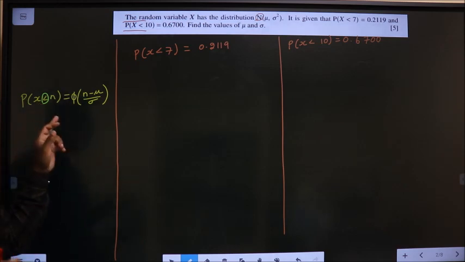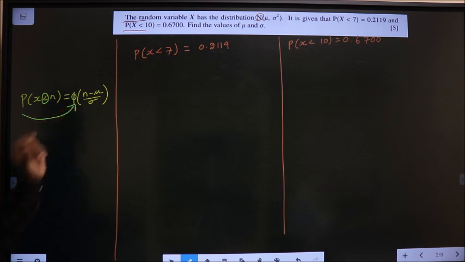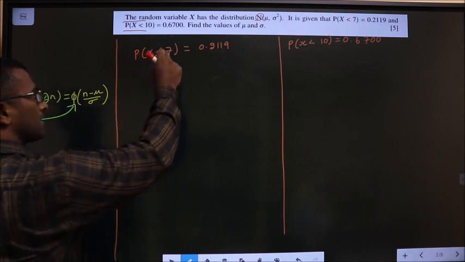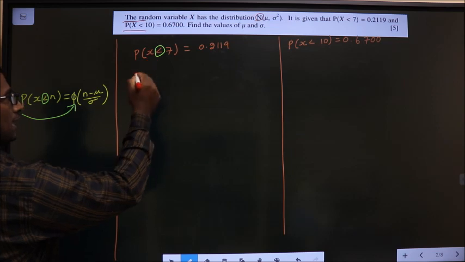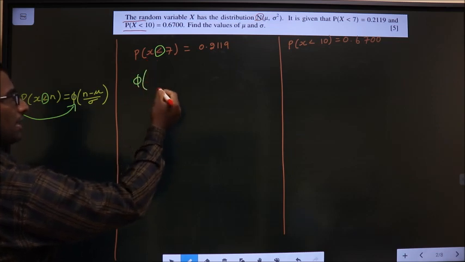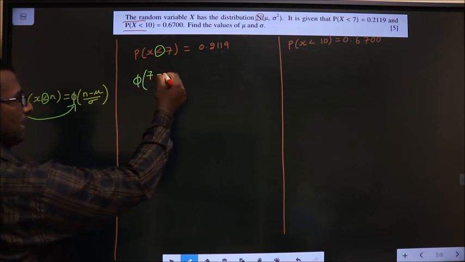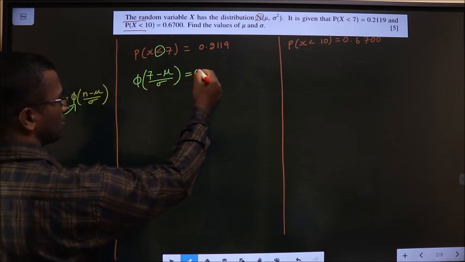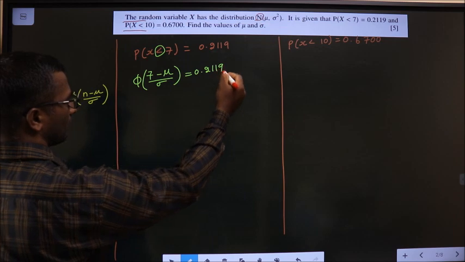Whenever it is less than, only then P will get converted to phi. Clear? Now come here. Here the symbol is less than, so P will get converted to phi. Phi of (7 minus mean) by standard deviation, which we don't know, equals 0.2119.